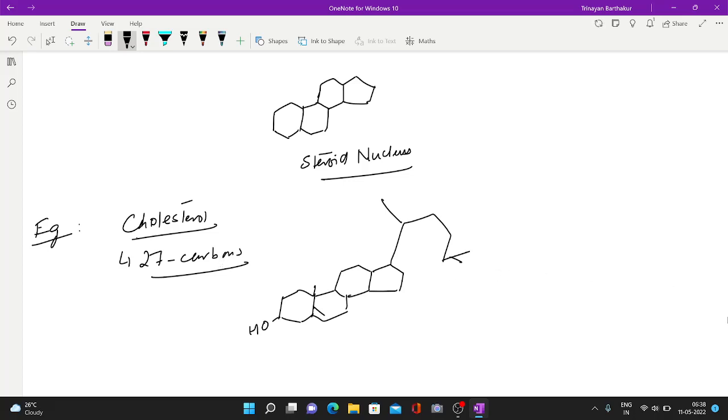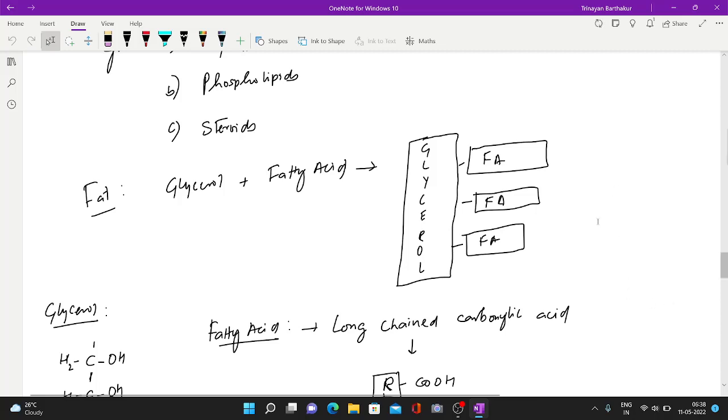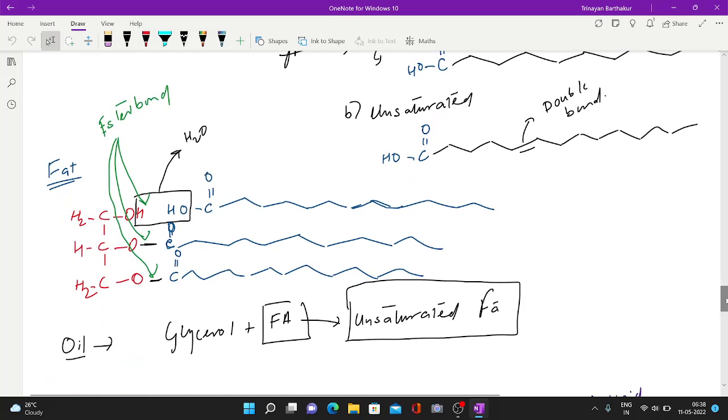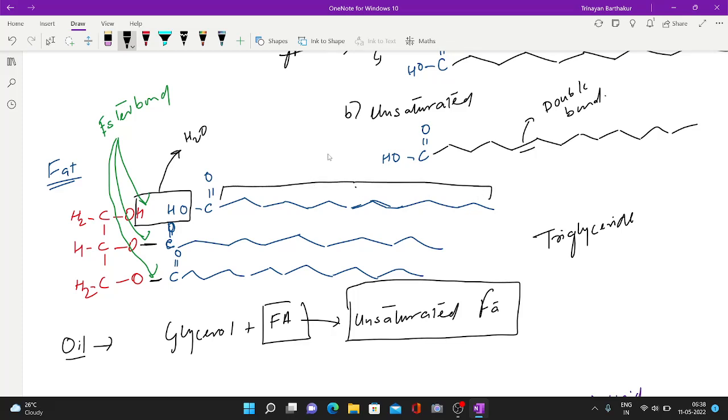Another thing I'd like to mention is that in NCERT, the structure of fat has been mentioned as triglyceride, wherein the alkyl chains are represented by the letter R. This is R1, this is R2, and this is R3.